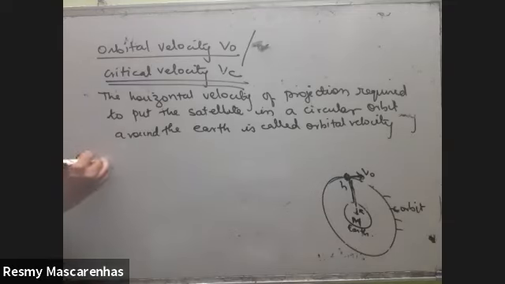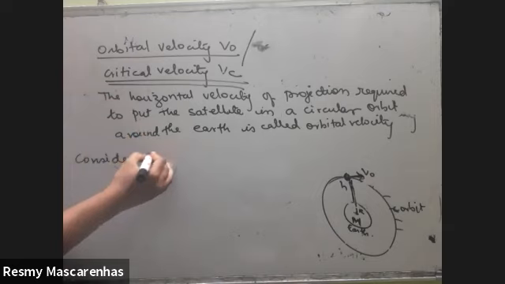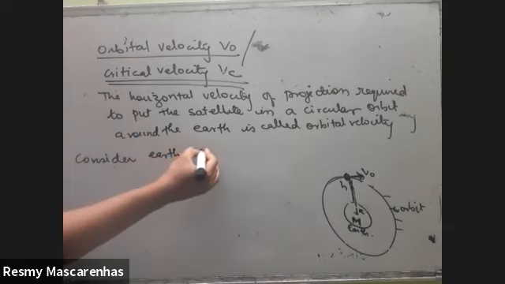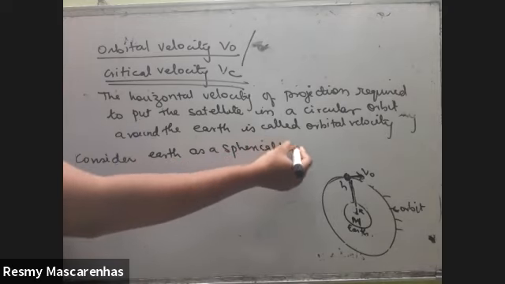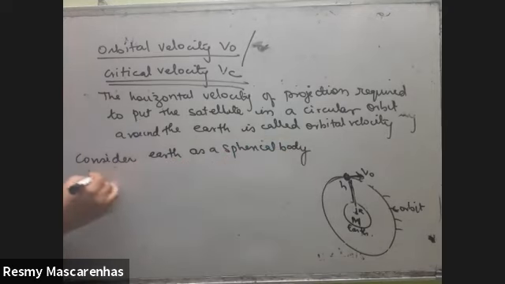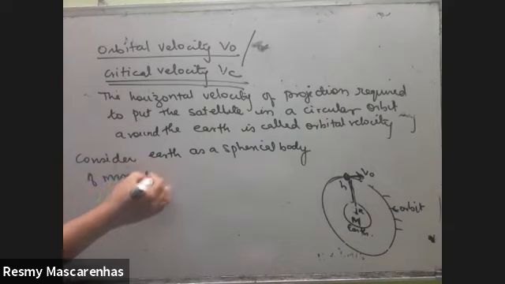Consider Earth as a spherical body of mass capital M and radius r.